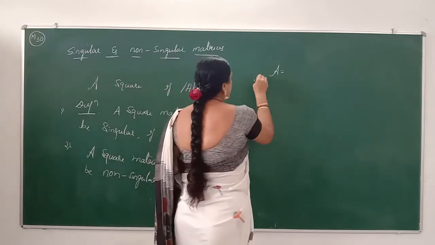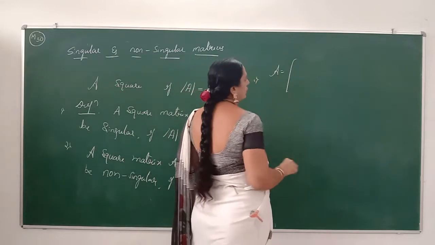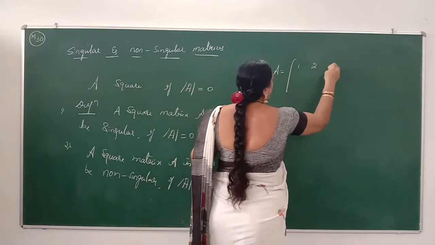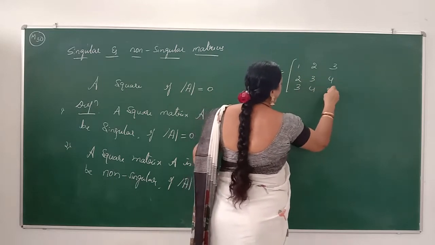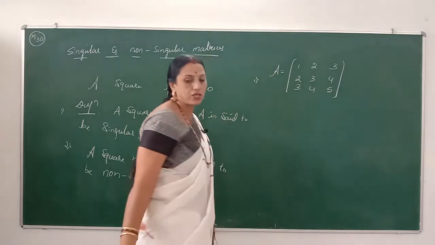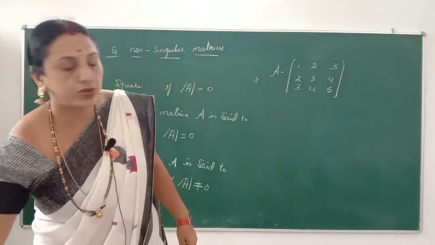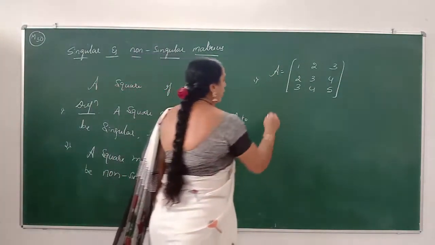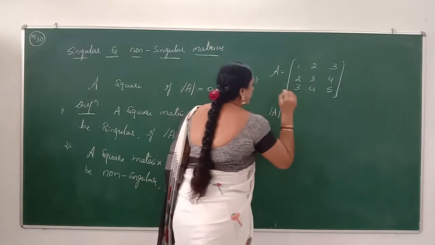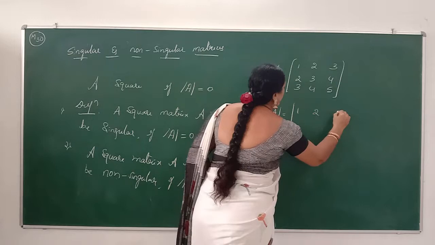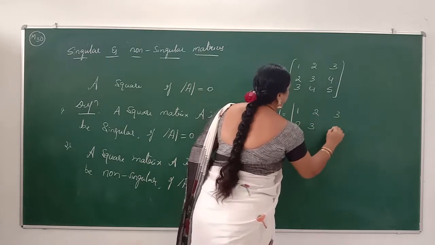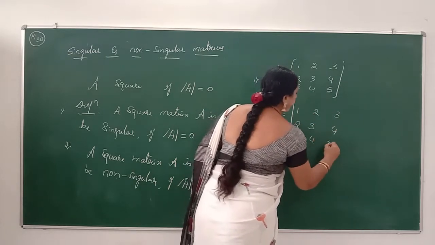So the first one is the given matrix A is equal to 1, 2, 3, 2, 3, 4, 3, 4, 5. Now to find the determinant of A. So determinant of A is equal to the determinant of 1, 2, 3, 2, 3, 4, 3, 4, 5.